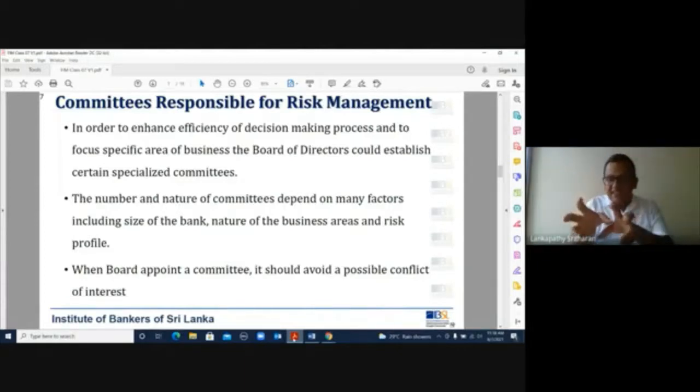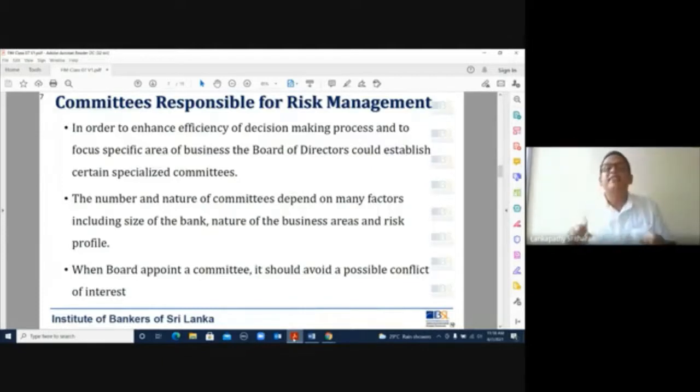Another answer, as that student mentioned, is that the internal auditor should be independent and should not get involved in day-to-day operations. That's why it says that when a board appoints a committee, it should avoid a possible conflict of interest. It means it should avoid appointing the chief internal auditor or the chief risk officer as the credit committee chairman. If they do, that may create a conflict. So the board should avoid those situations.